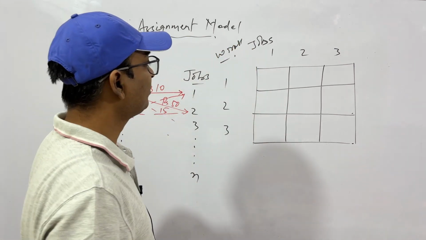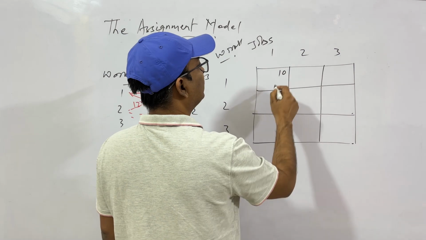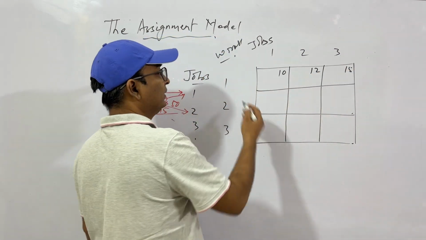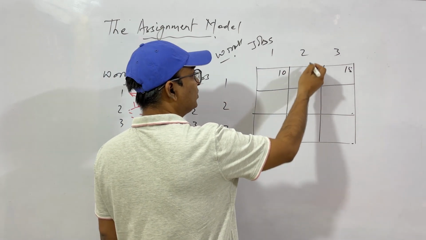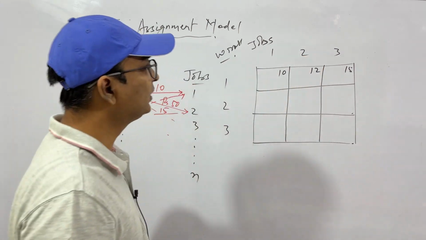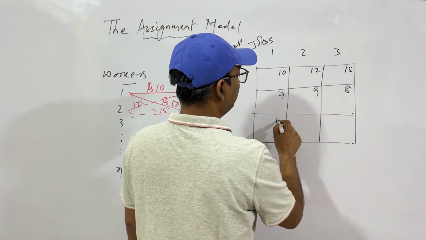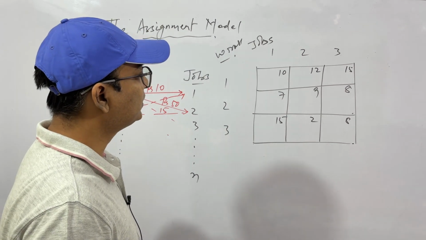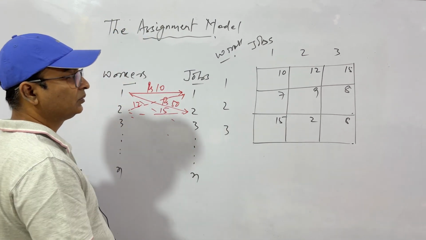Let's say the cost, he is charging 10 for first work, 12 for second work, and 15 for third work. That is, worker 1 charges rupees 10 to do the first job, rupees 12 to do the second job, and 15 to do the third job. Similarly, let's assign some values: 7, 9, 8, 15, 2, 8. So these are the charges by the workers to do a certain job.